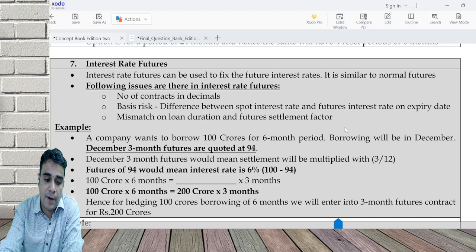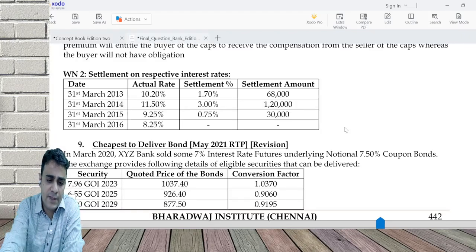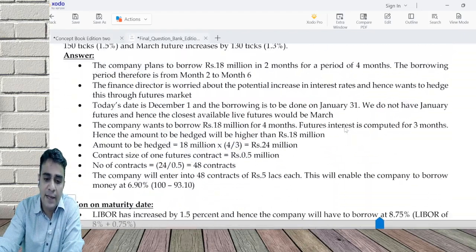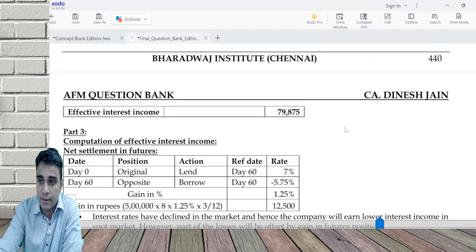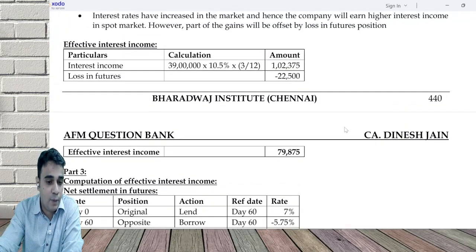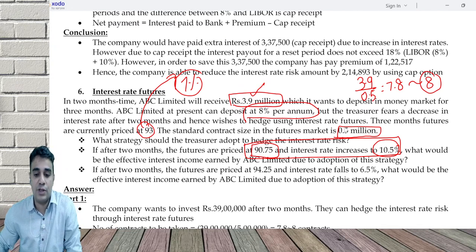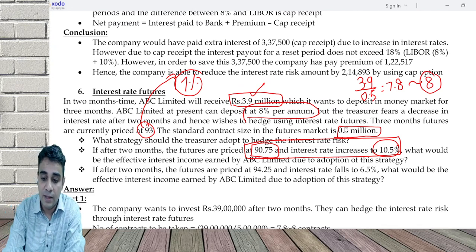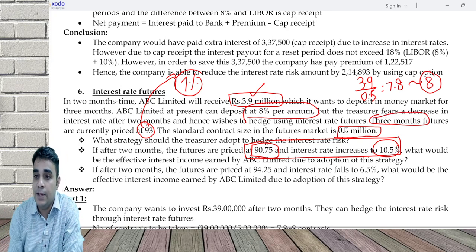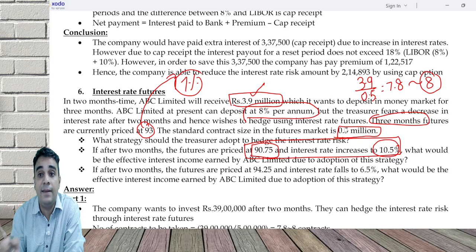What is the future settlement factor in this? Listen. When we did this question, I told you to finally multiply by 3 by 12 in the settlement. That 3 by 12 is because of the word used in the question, which is 3-month futures. Listen, a 3-month future does not mean it will expire in 3 months.